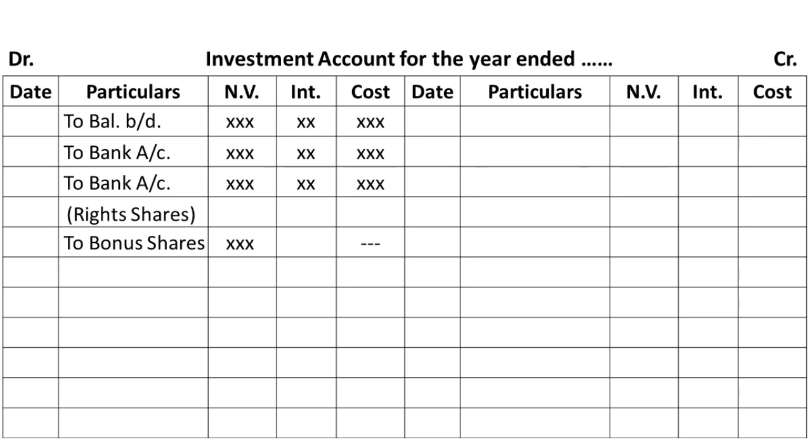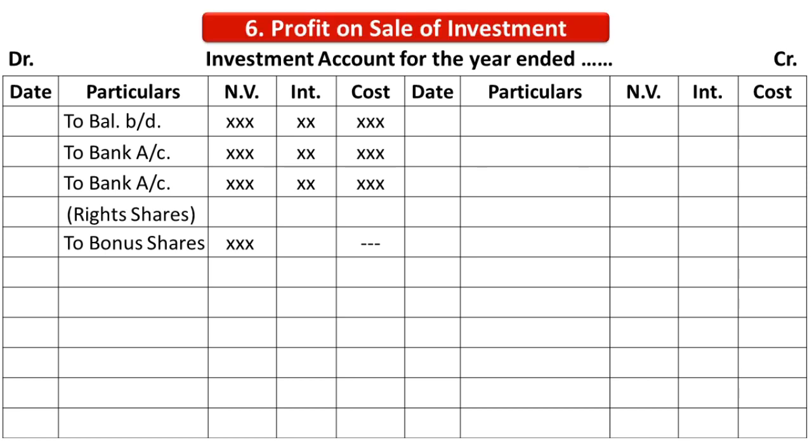Now suppose while selling, if you earn profit on sale of investment, then first of all we have to give the effect of sale transaction by crediting the investment account as by bank account by writing respective amount in the respective column, and the profit on sale of investment should be written on the debit side of investment account as to profit and loss account by writing the amount in cost column.